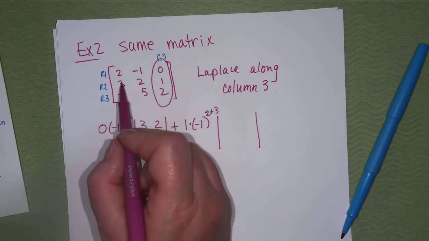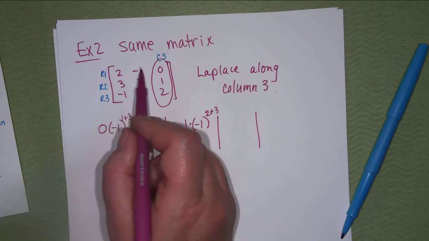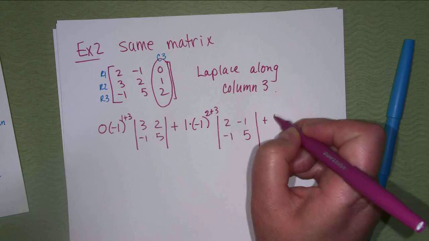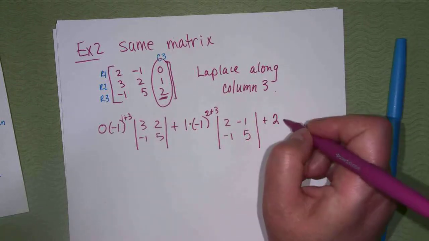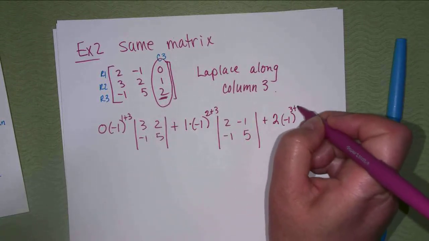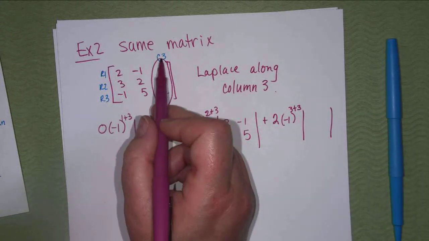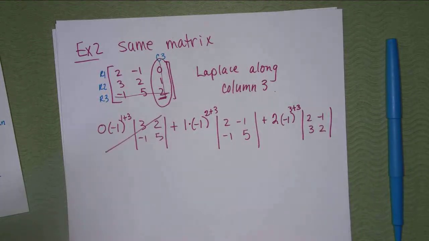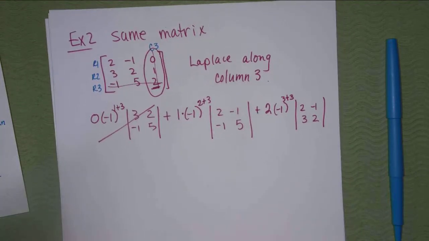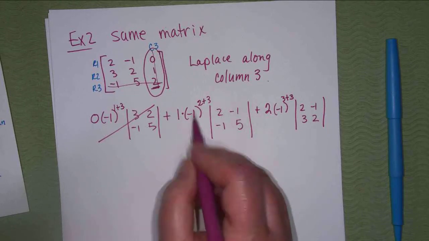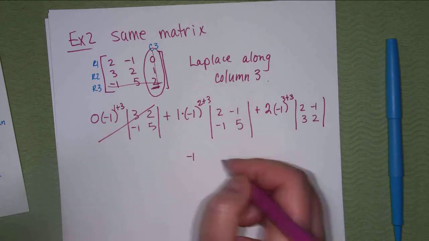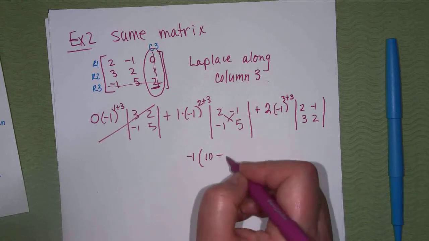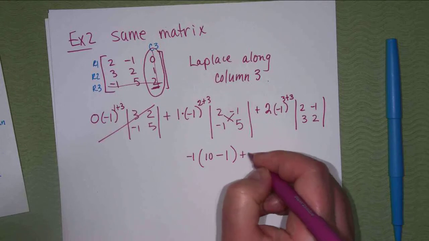So if we cross that out, 2, negative 1, negative 1, 5. And then our last one is 2. And that's in the 3 plus 3 spot. And we cross that out. We get 2, negative 1, 3, 2. We don't need to do this one because that's times 0. And then we just do the rest. So here would be negative 1 to the 5, which is negative 1, 10 minus 1, plus 2, that's a positive 1.